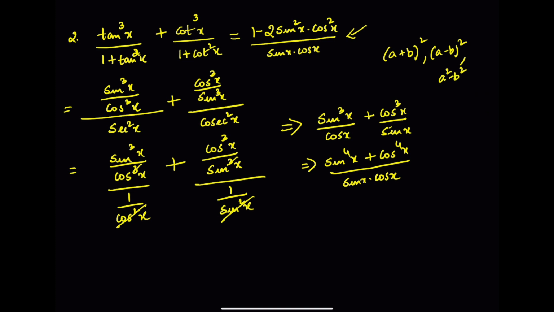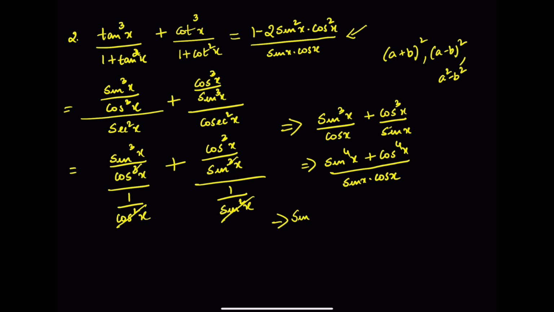So now if we see the required term here, we have 1 − 2 sin²x cos²x. So let's try to change it to (a + b)². Let's add and subtract 2 sin²x cos²x to the numerator.